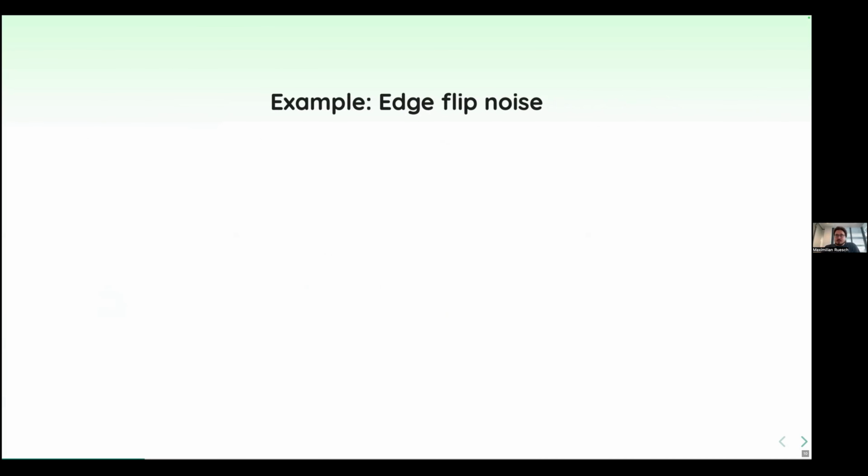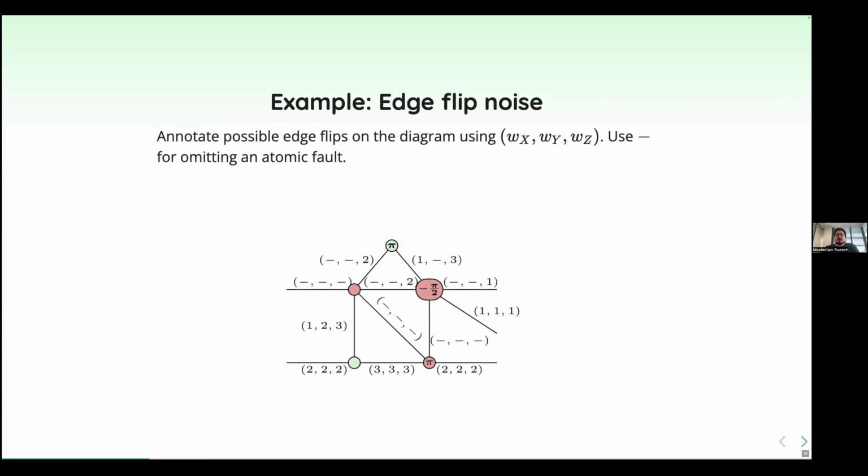One simple example of a noise model is edge flip noise. And just for some arbitrary diagram, what we can do with edge flip noise is basically limit the Paulis that can exist in a noise model to being Paulis that only flip one single edge.